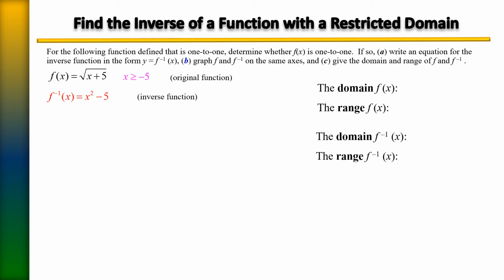That means that if the domain does not include any negatives, neither can the range, because what is now the domain is going to become the range of the inverse of that function. So we have to remember that restriction. When we draw the graph, we don't want any negative numbers there as well. So it's going to look like so.